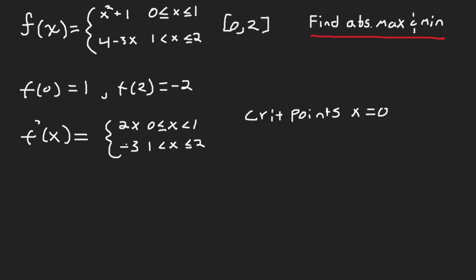Looking at the second equation, that negative 3 is a constant slope, it's just a constant, and so there's going to be no point on this curve that this negative 3 is going to be 0.